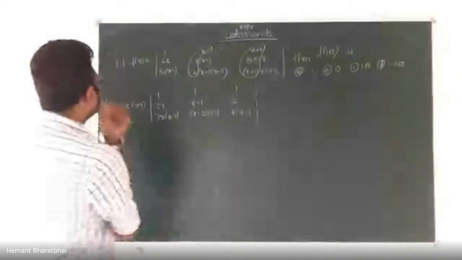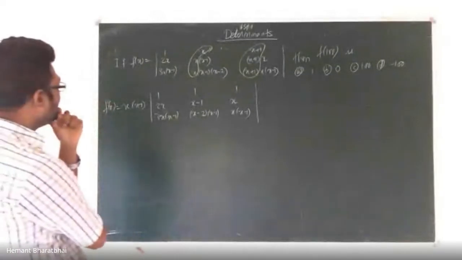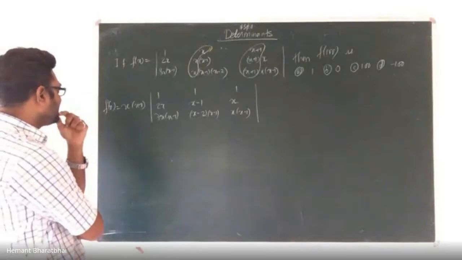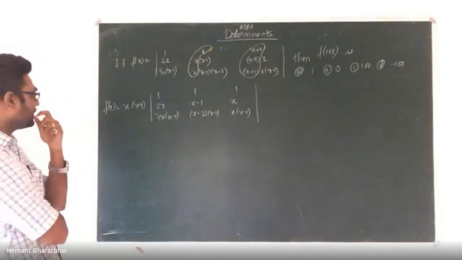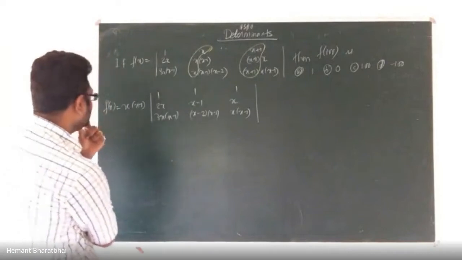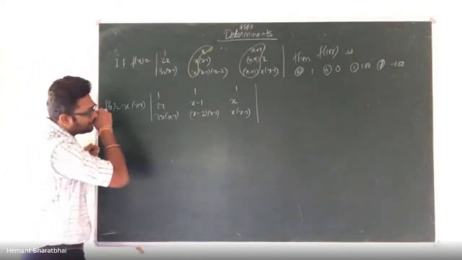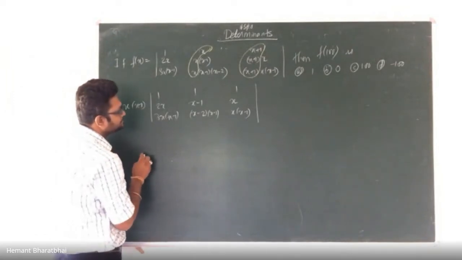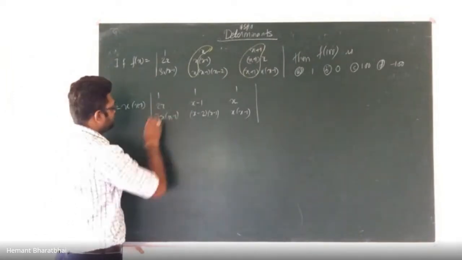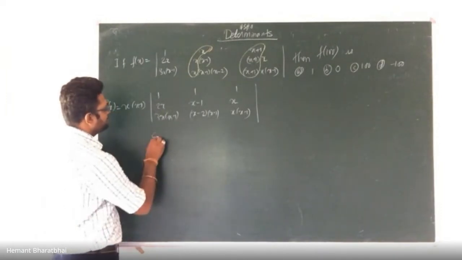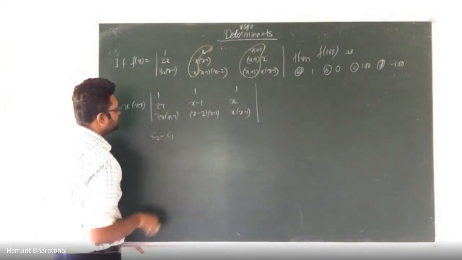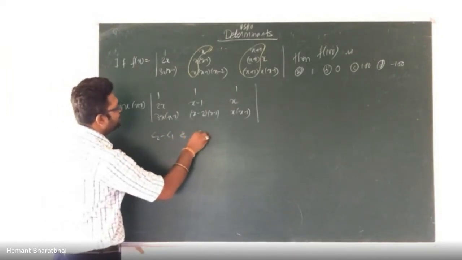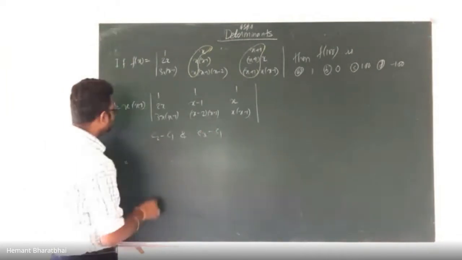So now due to taking common something like this, I've got 1, 1, 1. I'll try to make them 0. So I can do C2 minus C1, and I can do C3 minus C1.